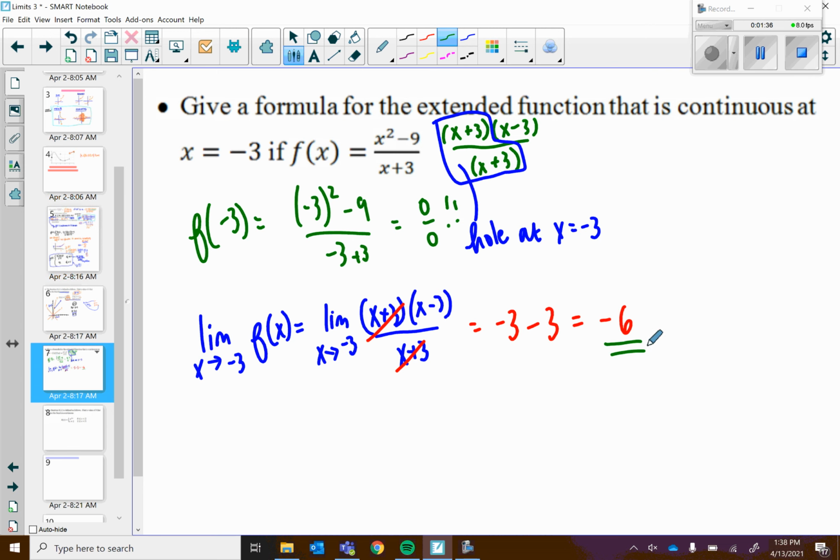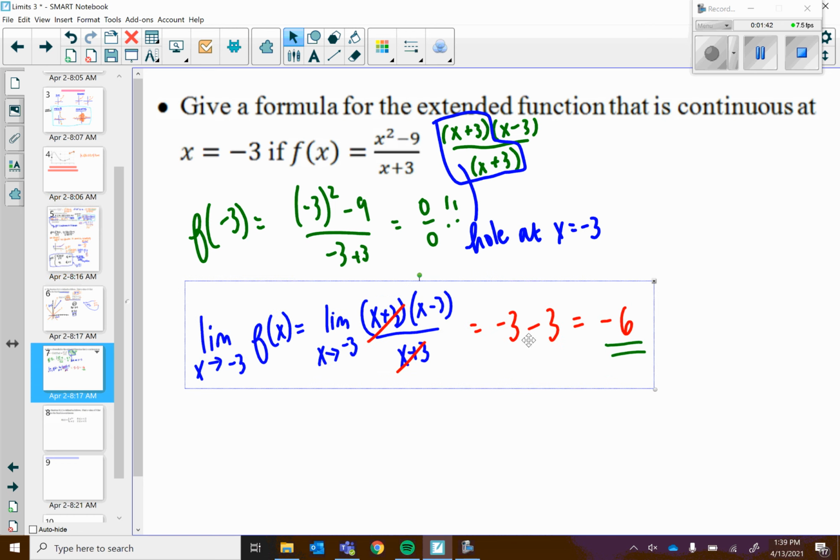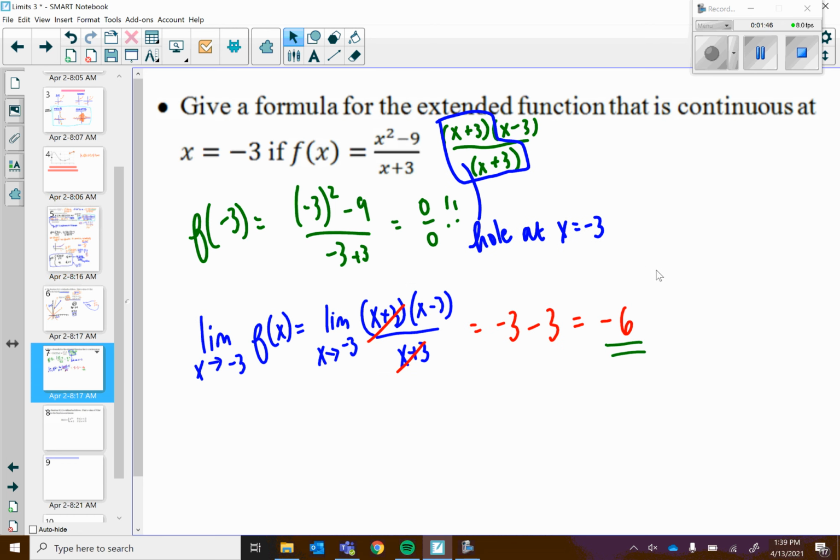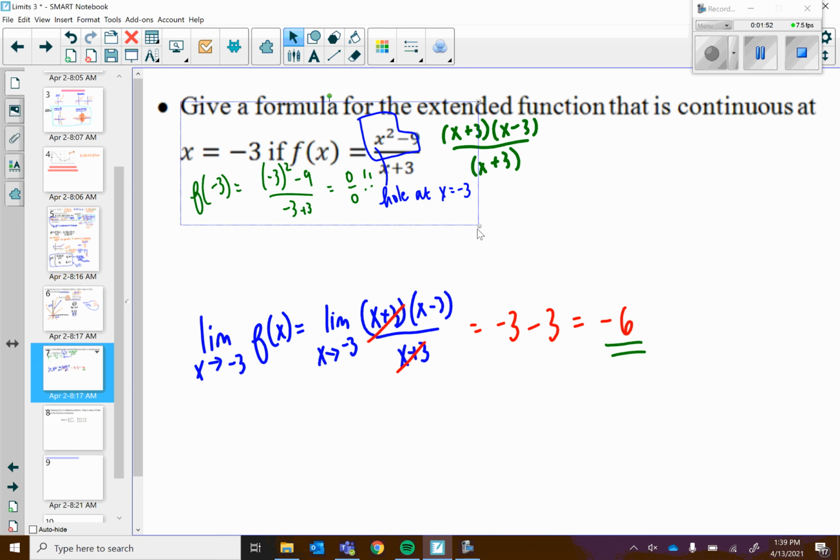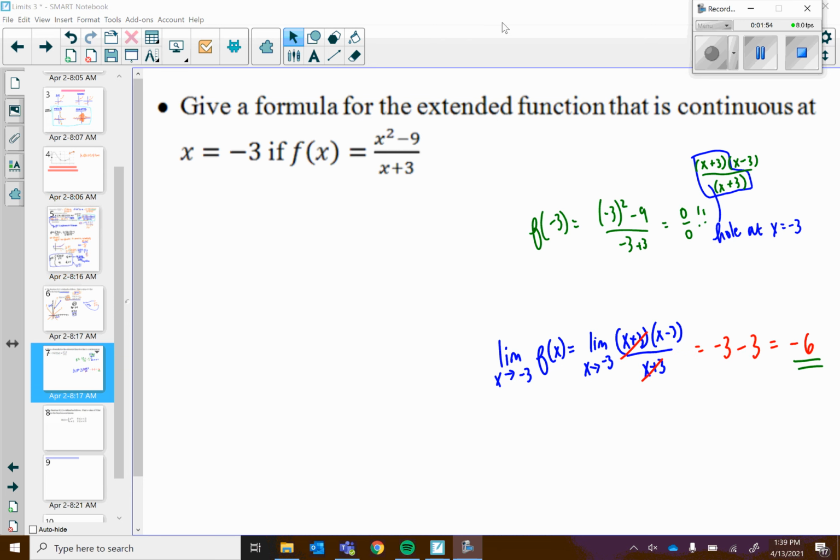This is my limit. What does that mean then about the extension of the function? Well, I want to look like the original function everywhere that I can, which is basically everywhere except at x equals -3. So my new function, I'm going to name it g of x just to say that it's different, will be a piecewise function.